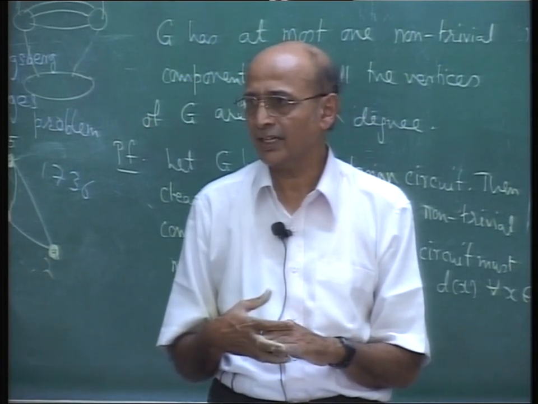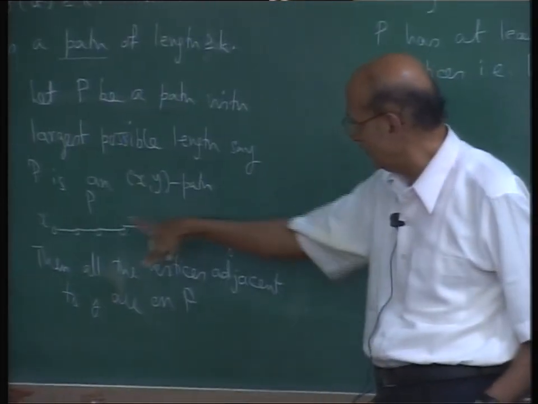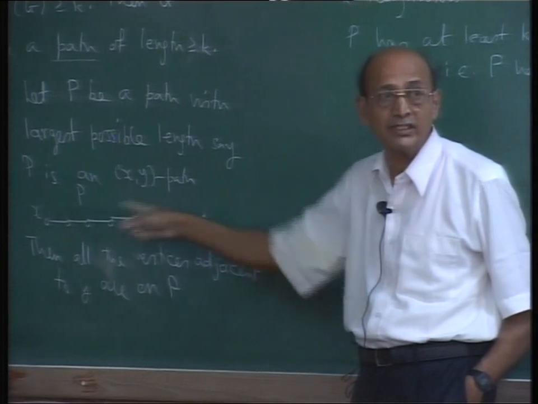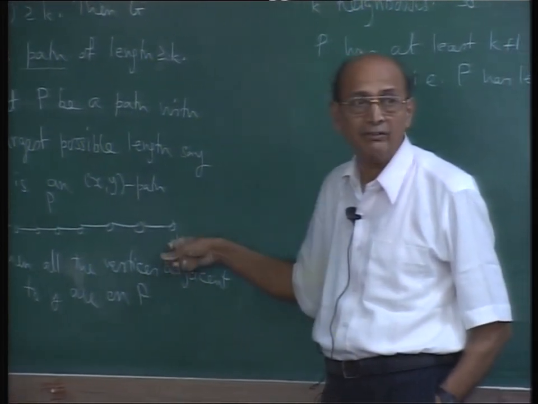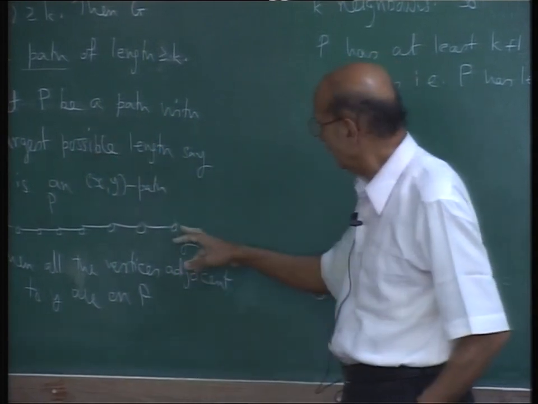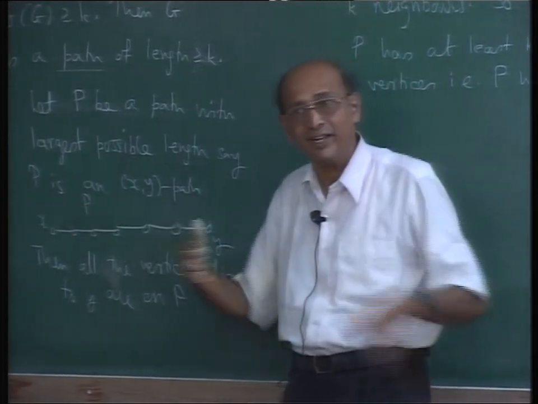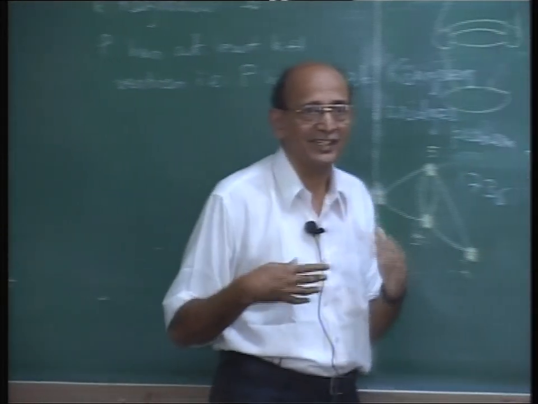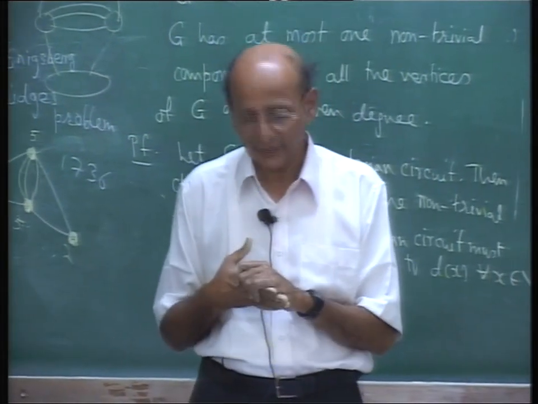In fact, the moment you say y is adjacent to all these vertices, obviously you are creating cycles. The claim that we have is the cycle should have length which is as large as possible. Therefore, there should be a leftmost vertex which is adjacent to y. That will create a cycle which is as long as possible. So with that theme we will continue in the next lecture. Thank you.